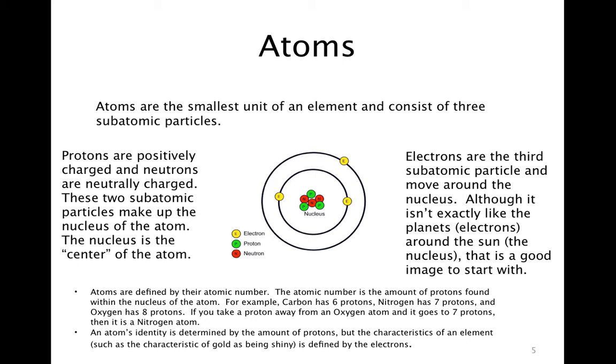Gold is defined by the amount of protons inside of it, but gold glitters because of the electrons flowing around the nucleus. Okay, iron has that cold touch to itself based upon the electrons, even though the amount of protons define the element as iron. And the reason why I'm pointing this out is because students often get this confused.